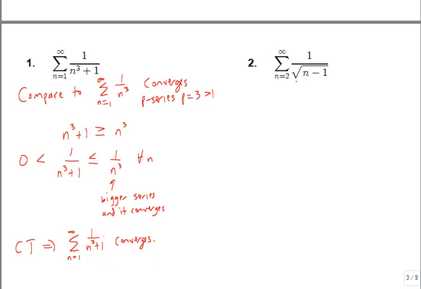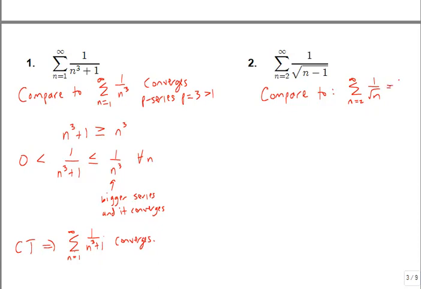Let's try another example. Here we want to look at the convergence or divergence of 1 over the square root of n minus 1. So what could we compare this to? What does it look almost like? Well, if you ignore that minus 1 in there, it's almost like 1 over square root of n. Now, does that series right there converge or diverge?